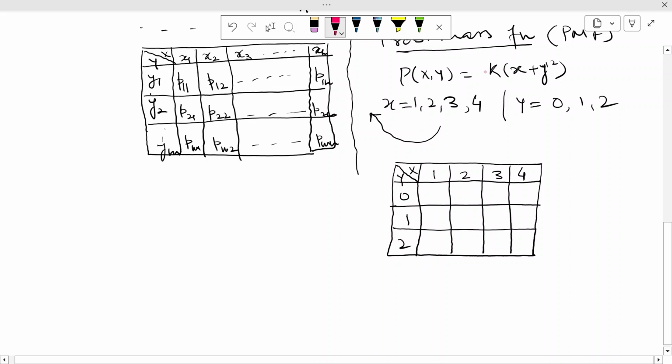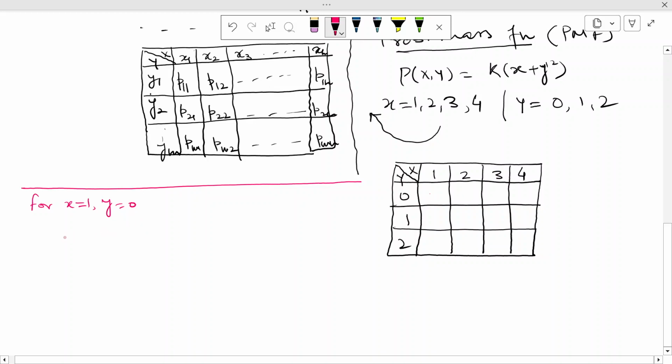So what you will do, you will put the values of x here and y here. So when you put x is equal to 1, I am writing here, for the first cell, for x is equal to 1 and y is equal to 0.